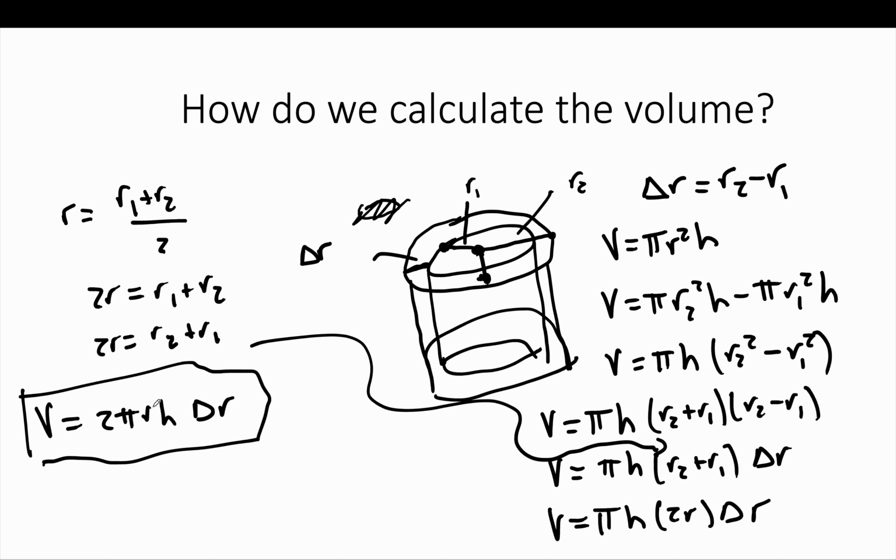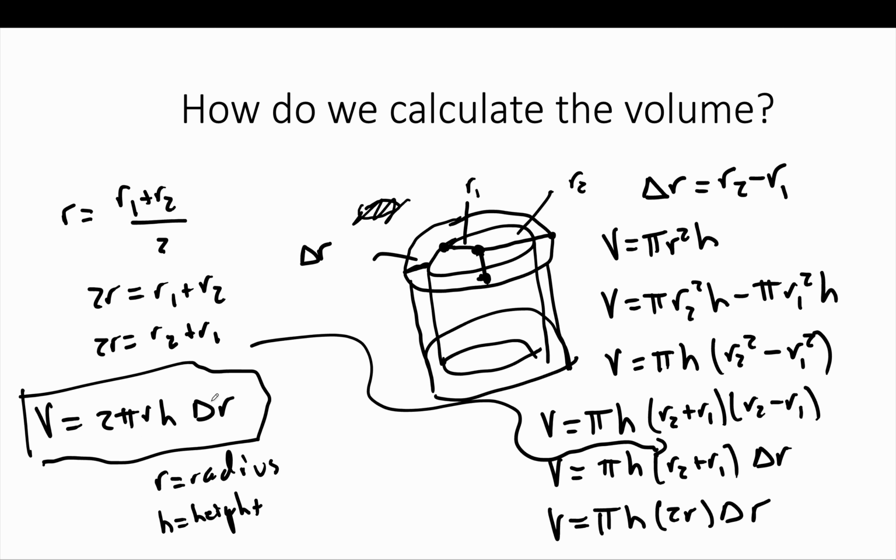So R is the radius, the distance from the axis of rotation. H is the height. And we use this basically to find out what V is.